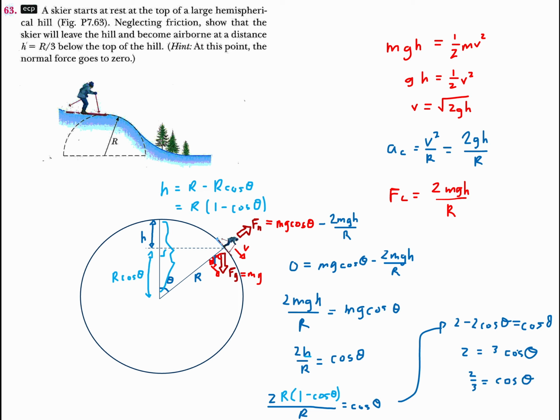But we're trying to find height. So we're going to plug this back into the original equation, taking this one over here to solve for h. We know that h is equal to r times 1 minus the cosine of theta. But in this case, we know that cosine of theta is equal to 2/3. So I can substitute that in right away.